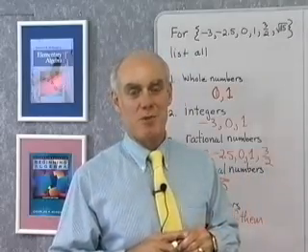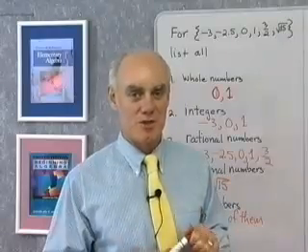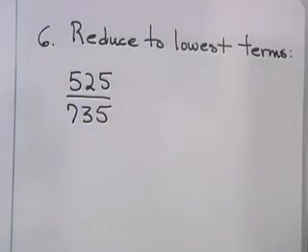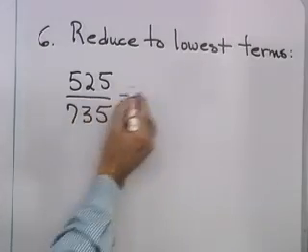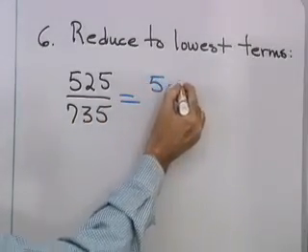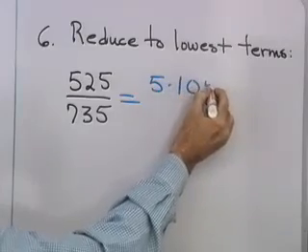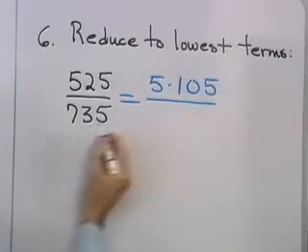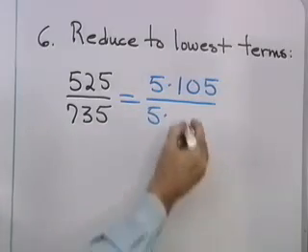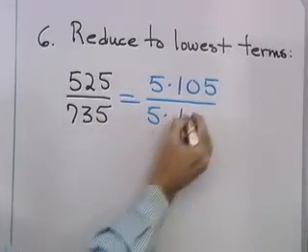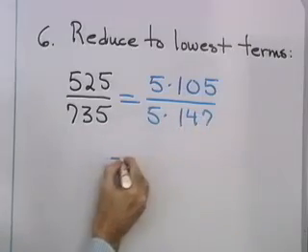The next problem we want to do is a fraction problem: reduce to lowest terms 525 over 735. So I need to begin by factoring the numerator and denominator. So let's see. 5 divides this, so that's 5 times 105, it looks like. This is 5 times 147.